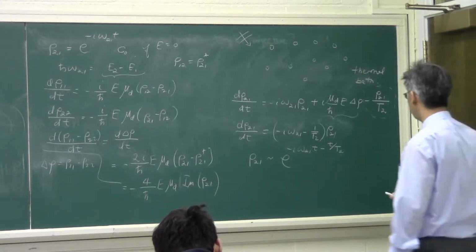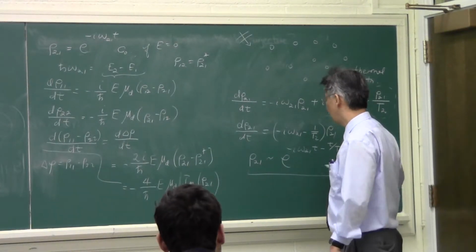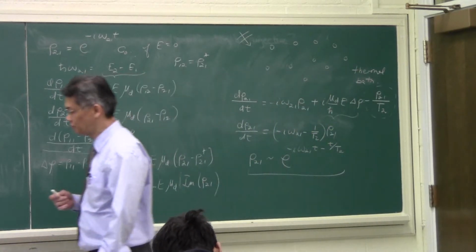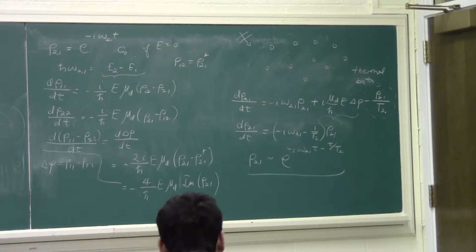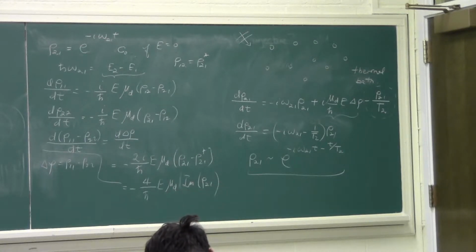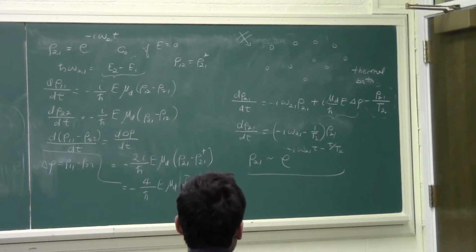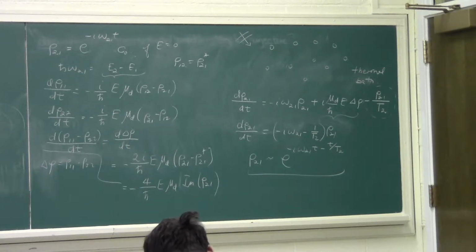This is just a phenomenon to describe the fact that this correlation for this ensemble of atoms cannot forever be there. It will be lost due to thermal agitation, due to collision with other molecules and atoms. Okay, it will lose the correlation between the two states, and this will ensemble average to 0 after a certain time. And that time scale is T2.